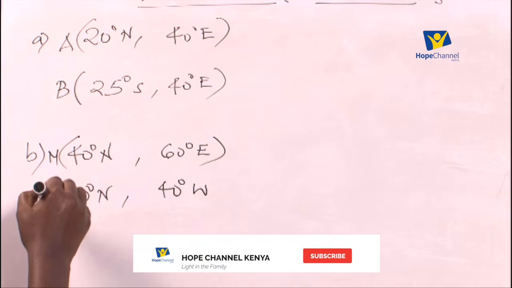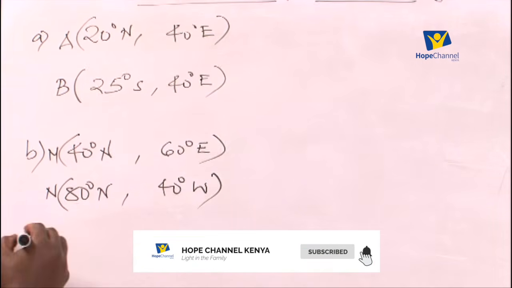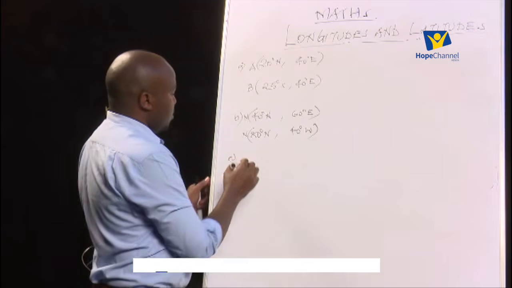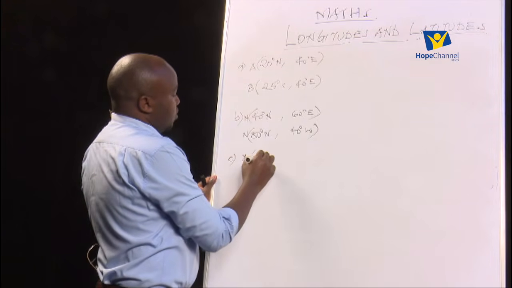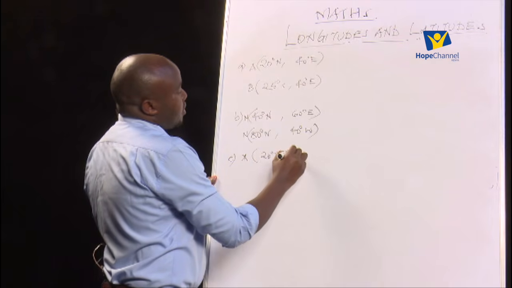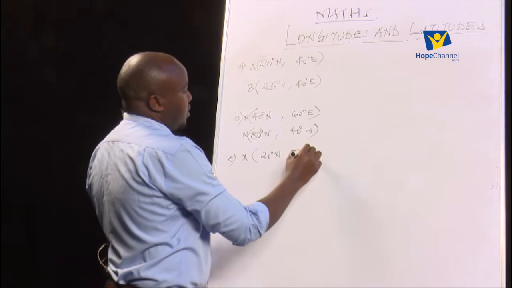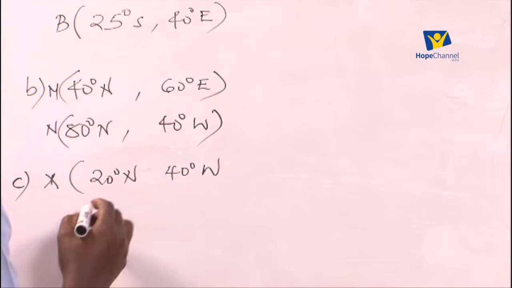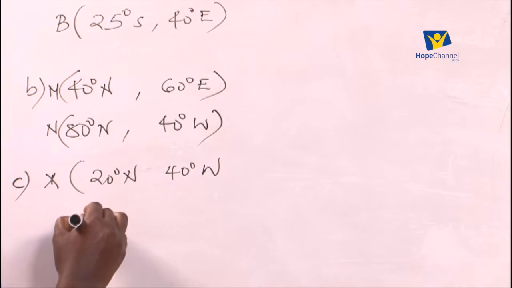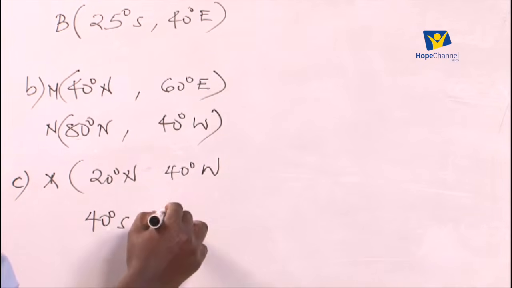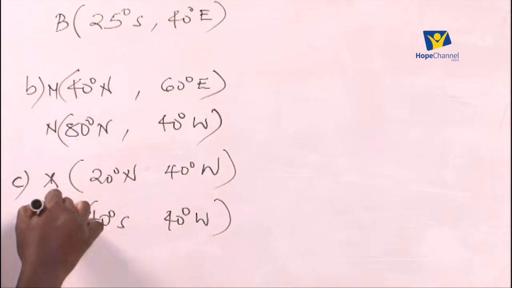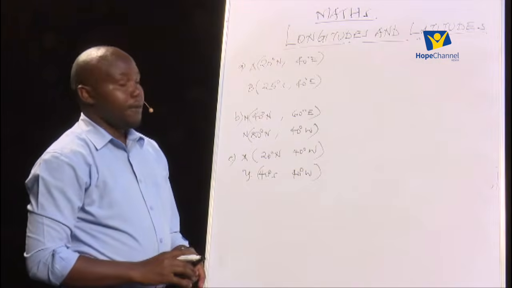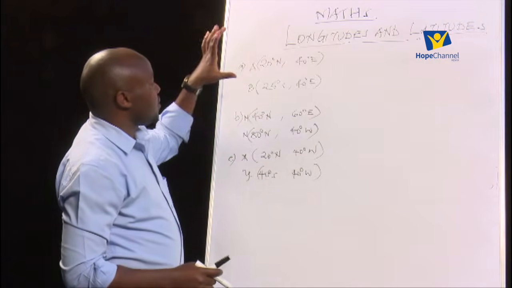This is MN. And the last one I want to leave you with is point XY: 20 degrees north, 40 degrees west, and 40 degrees south, 40 degrees west. This is point X, Y. Okay, so try these 3 of them.